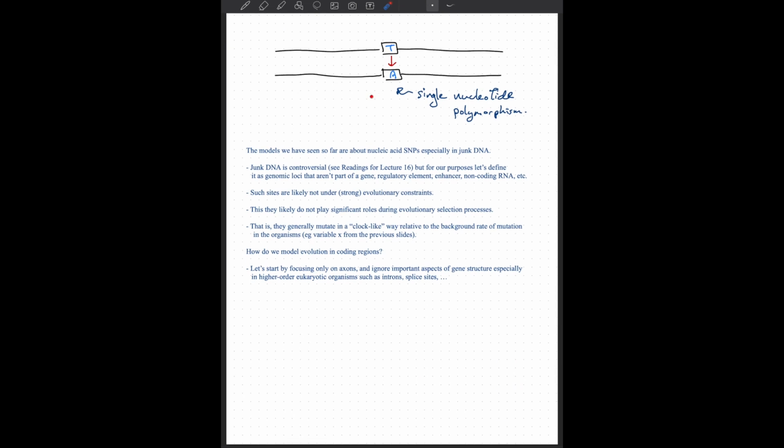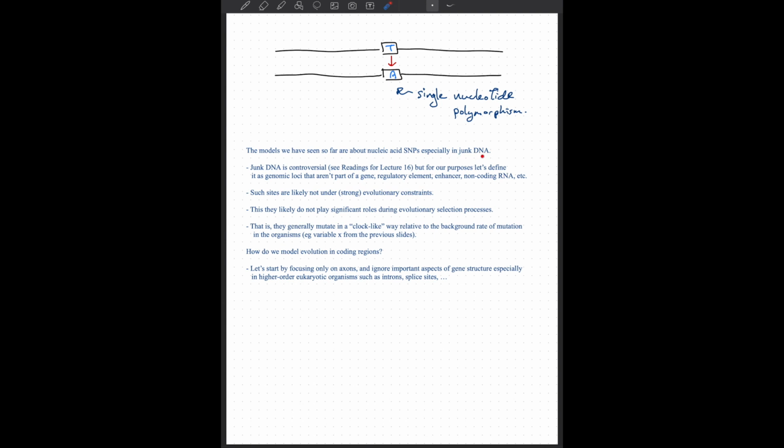All right, so far we've been looking at models of nucleic acid evolution for SNPs, or single nucleotide polymorphisms. A single nucleotide polymorphism is just a mutation from T to A or A to C, whatever, between two nucleic acids. The nucleic acid changes. And really the models we've been looking at apply to junk DNA.